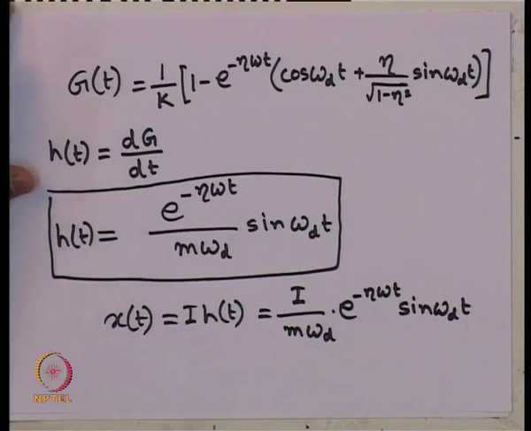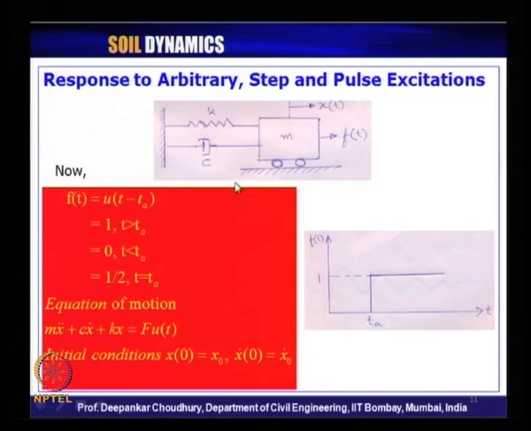So, what we have derived and discussed, let us look at the slides now. As I said, the Heaviside step function, this one we are expressing like this for t greater than T A, t less than T A and t equals to T A. Equation of motion is given like this.